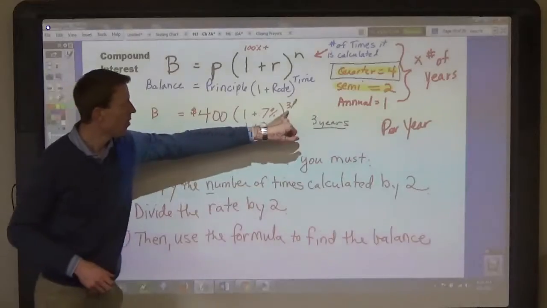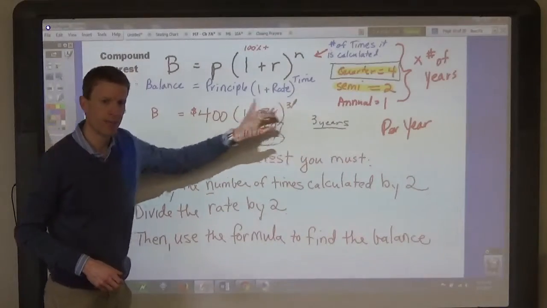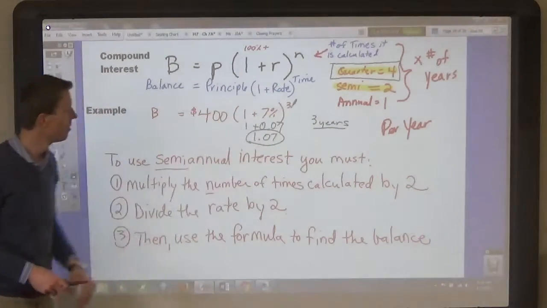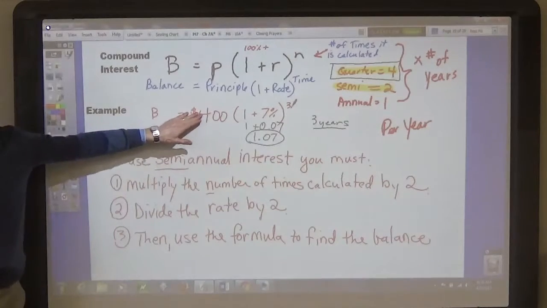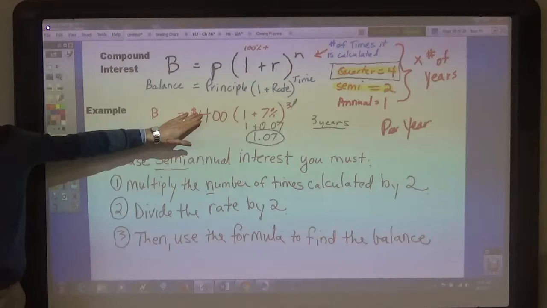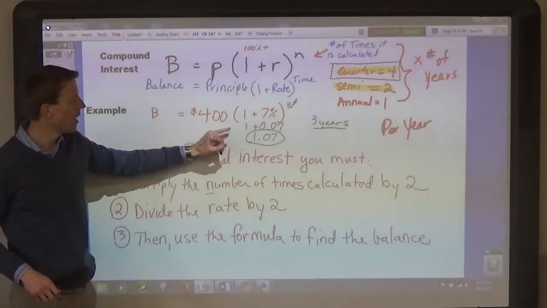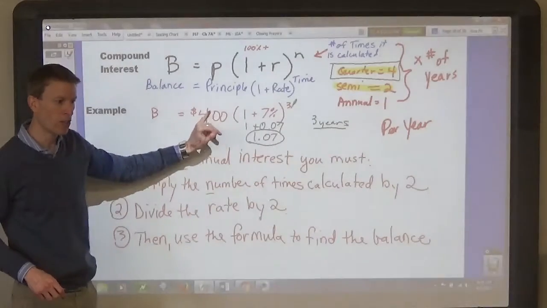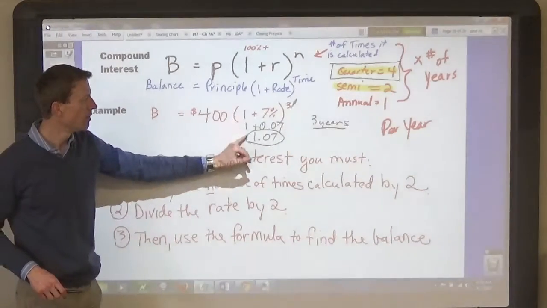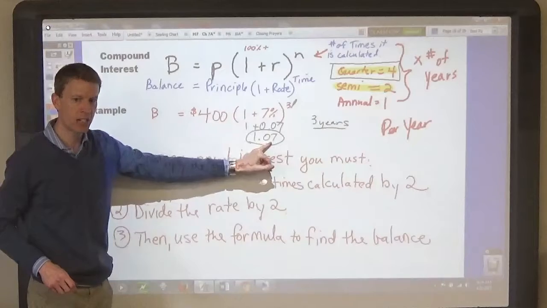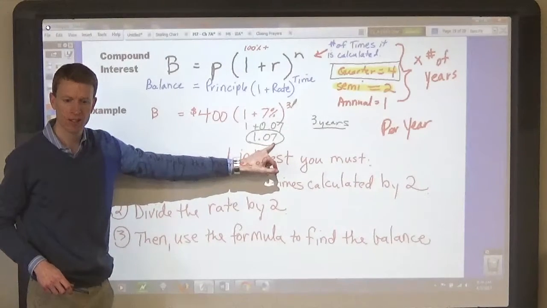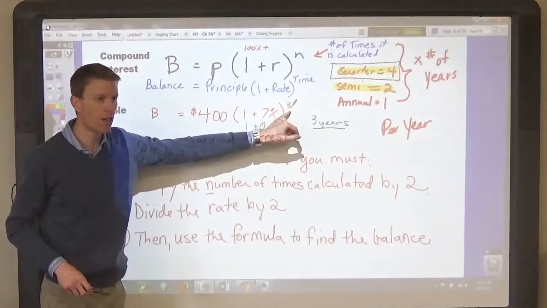Now that we know where that number comes from, let's finish this example. Okay? So in number 1 on your worksheet, write down 400 times 1.07 to the third power.